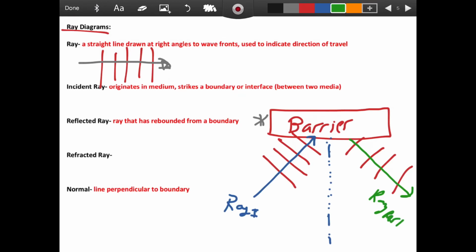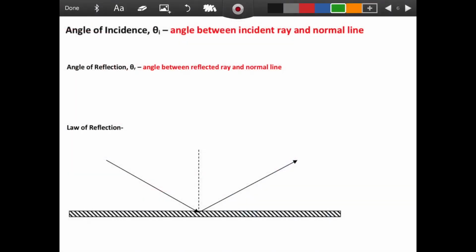Most of these diagrams we draw will not contain these particular wavefronts, and they'll just have rays. Here you see the definitions for angle of incidence, the angle between the incident ray and the normal line, and angle of reflection, the angle between the reflected ray and the normal line. Now, very, very important to know, we always measure angles from the normal line.